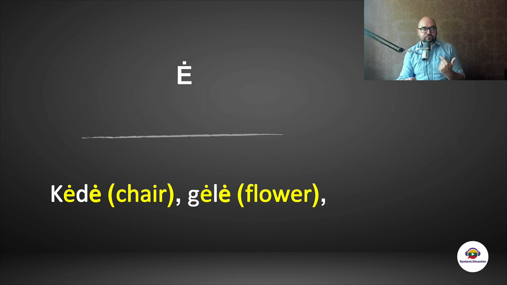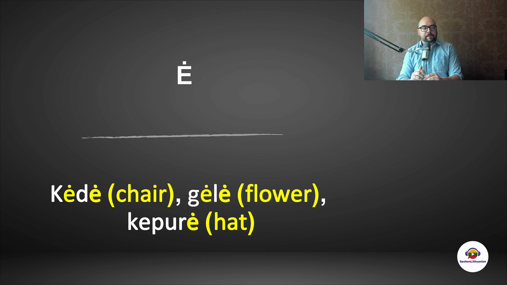Okay. Kepurė. The sound ė, the letter ė, tells us that it's a feminine noun. That's why we have this ending in the first case. Kėdė, gėlė, kepurė. It's very weird sometimes when we speak, especially when we say kėdė ir gėlė.